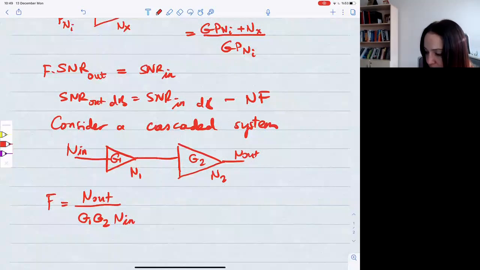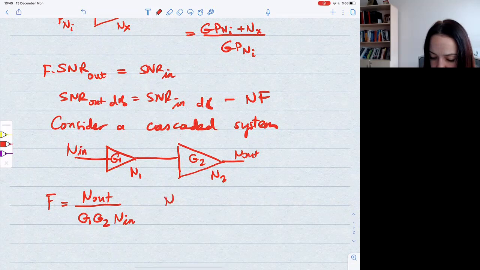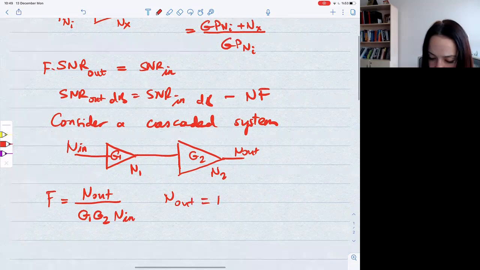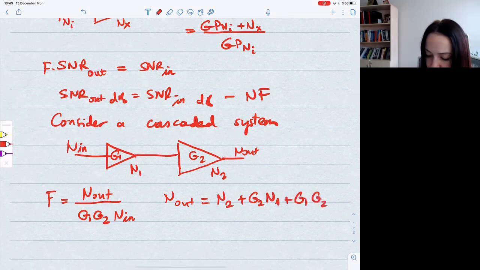Now the output noise is going to be N2 plus G2 N1 plus G1 G2 and N. All right.